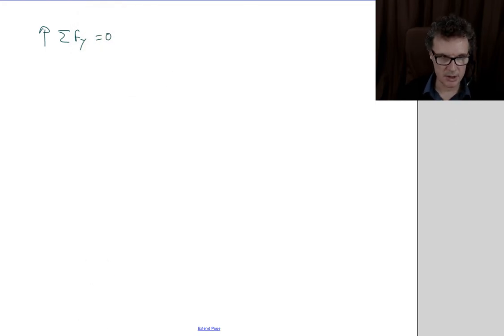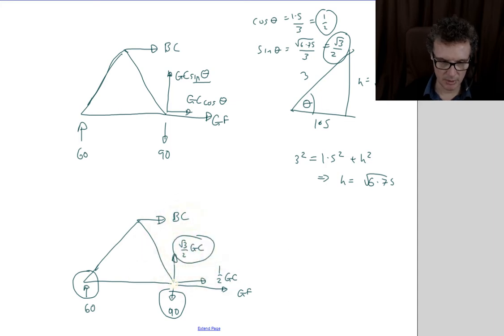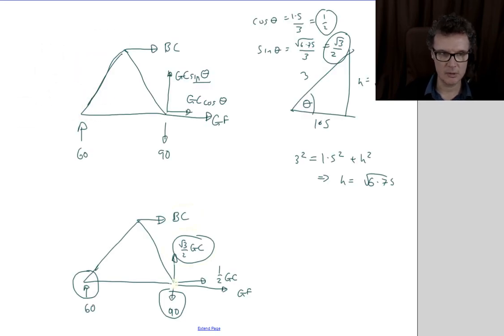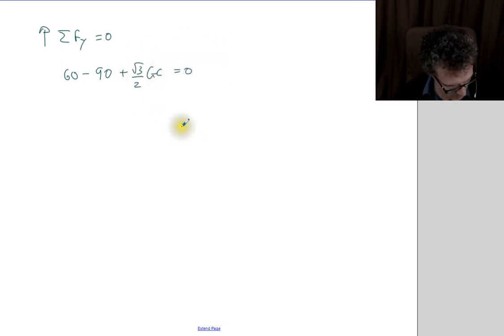Okay, so let's go back to my diagram. What can we see going in the y direction? We've got 60 going up, 90 going down, root 3 divided by 2 GC going up. So we've got 60 going up, 90 going down, and then plus root 3 over 2 GC going up equals 0.